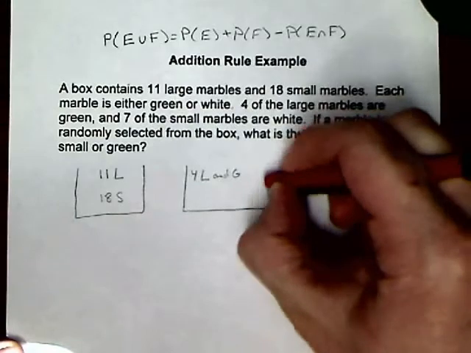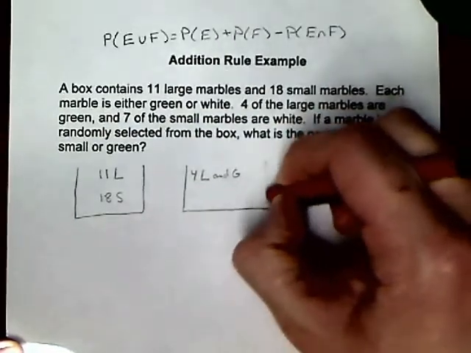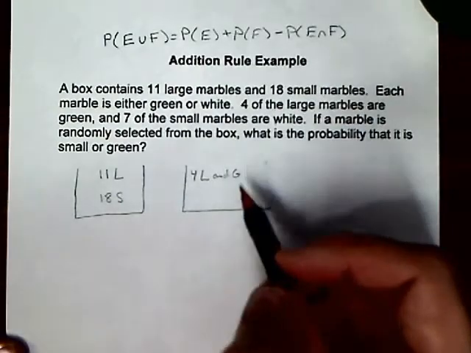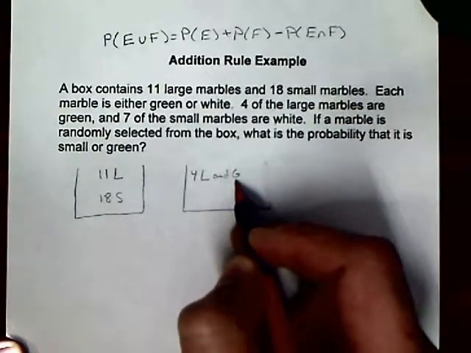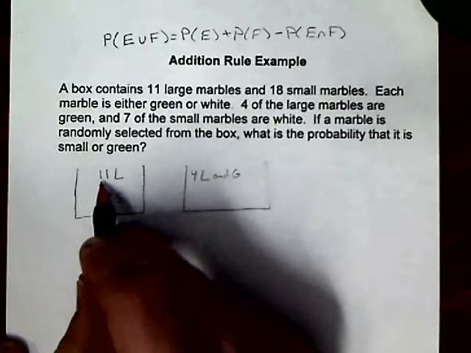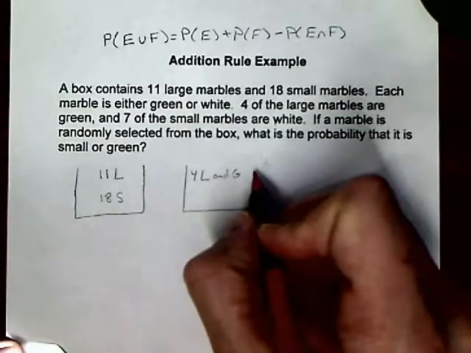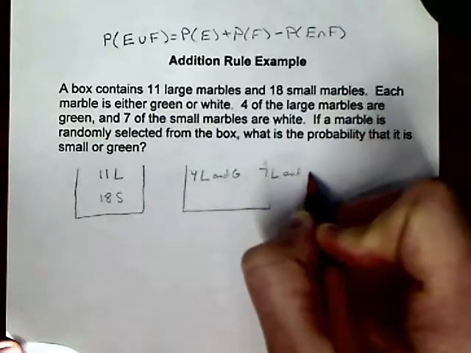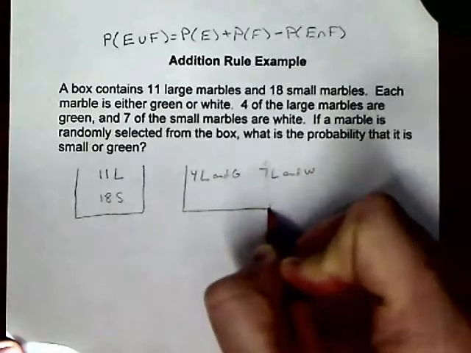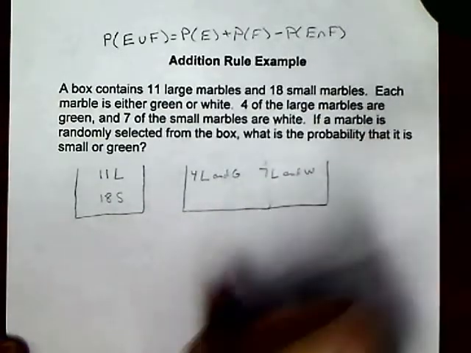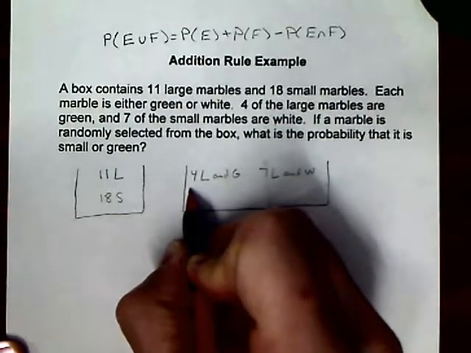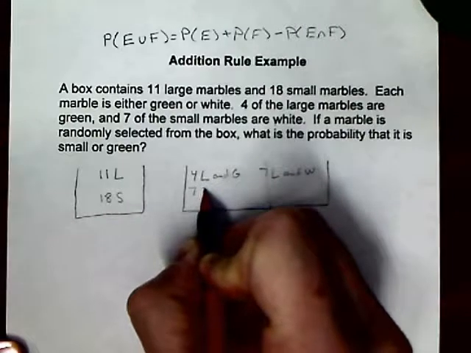Let me erase this here. If 4 are large and green, that means, okay, I've got 11 that are large. That means I've got 7 that are large and the other color, white. In the same way, I know that 7 of the small marbles are white.